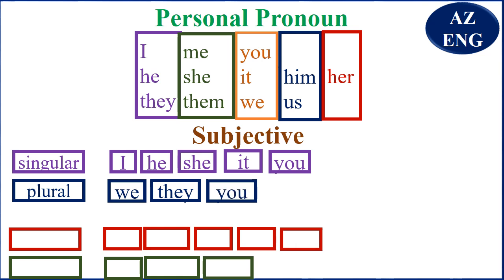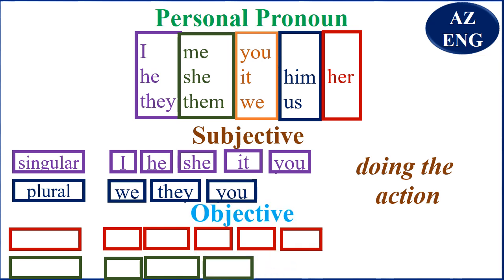So it depends on how you use it. The you can be singular, and it can be plural. So the sentence tells you which you mean. When we say subjective, we are talking about doing the action, the subjects. So don't get confused.